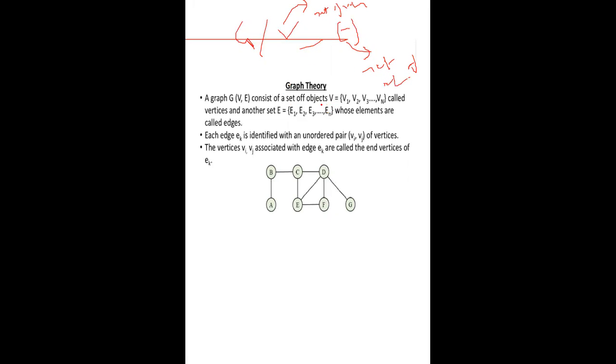So the set of objects, the set of vertices V1, V2, V3, V4, Vn, and another set E1, E2 called edges.